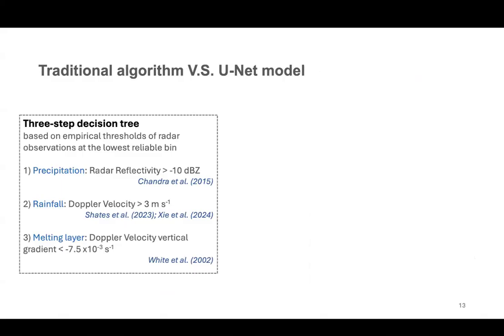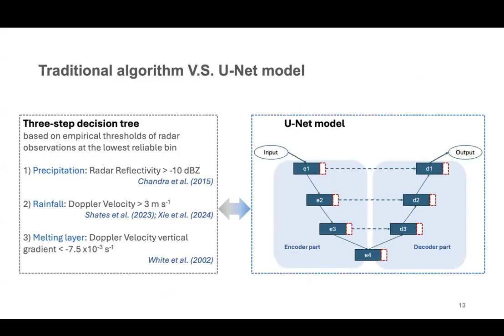In this study, we have also implemented a traditional algorithm to compare against our UNet model. This traditional algorithm is a 3-step decision tree, and it's based on empirical thresholds of radar observations. First, start with precipitation occurrence identified by this radar reflectivity threshold.